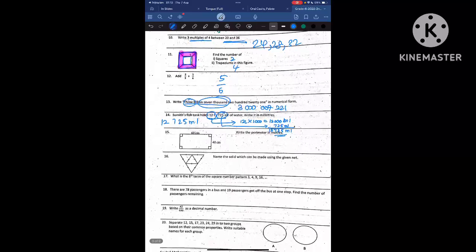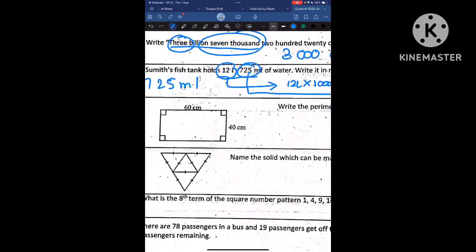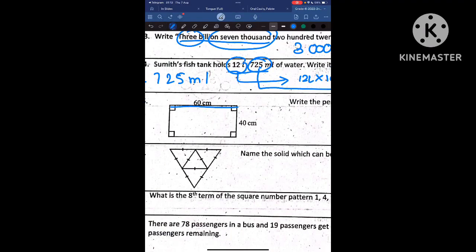Next one is write the perimeter in meters. Okay, this is 60 centimeters, right? Which means this is also 60 centimeters, because in a rectangle parallel lines are equal in size. This is 40 centimeters. This is also 40 centimeters.